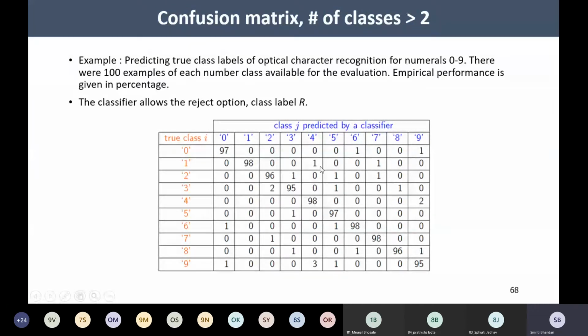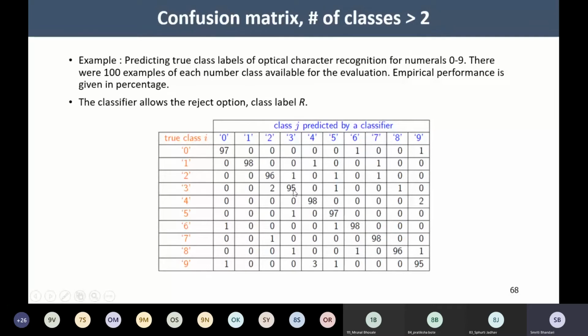So based on such kind of a confusion matrix also, it is possible for us to assess the performance of our classifier. So this is a multi-class classification problem wherein we are having more than two classes. In this particular example, we are having 10 classes. If I am having 10 classes in my confusion matrix, size of my confusion matrix would be 10 by 10. Okay, and if you look at this diagonal, what this diagonal represents?